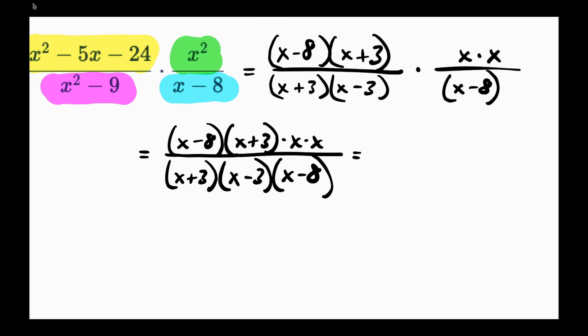It is considered multiplying. The last step, look for giant ones, things that simplify. Okay. So I have an x minus 8 here and an x minus 8 here. I have an x plus 3 here and an x plus 3 here. Can I do this? X and leave a minus 3 on the bottom?